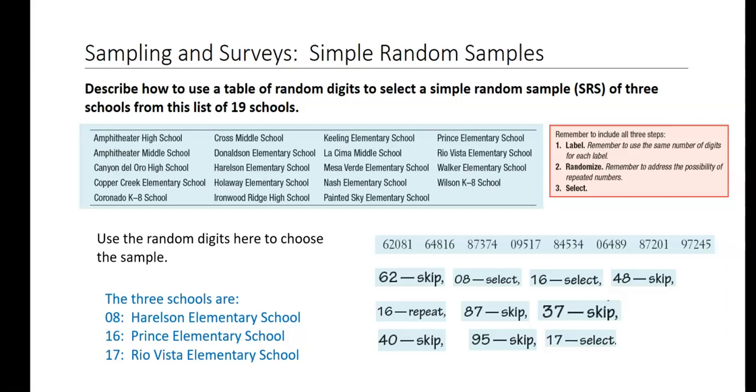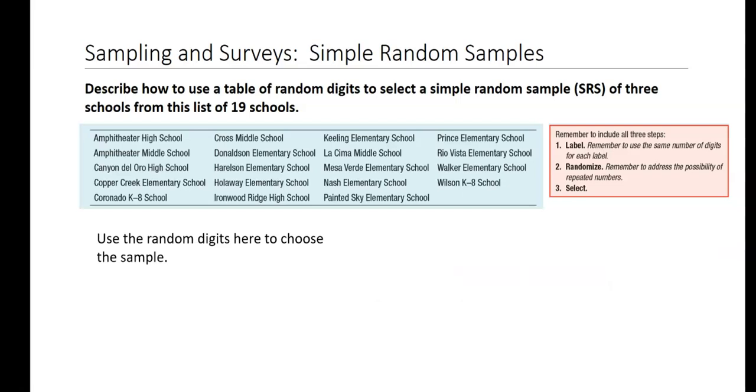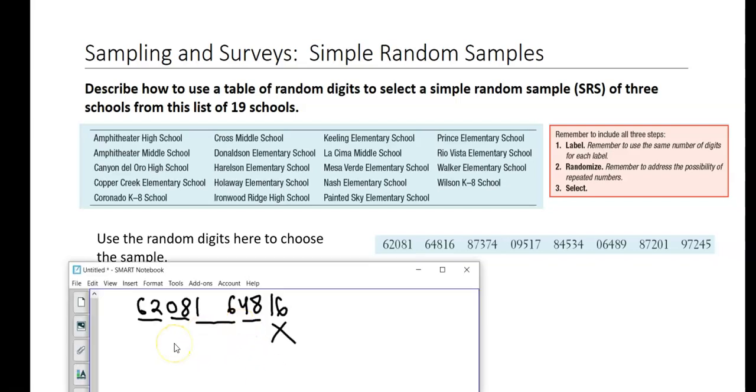So why did they skip 48? Oh, I know why they skipped. I didn't think about this. Sorry. So using the random digits, we only have 1 through 19 for schools. This one is moot, right? There is no number 62. 8 is the first number we're going to choose.